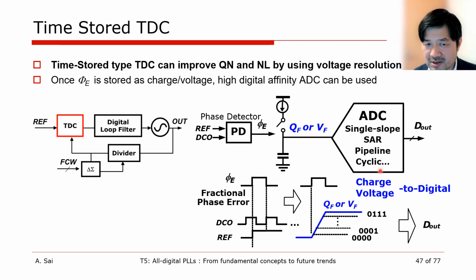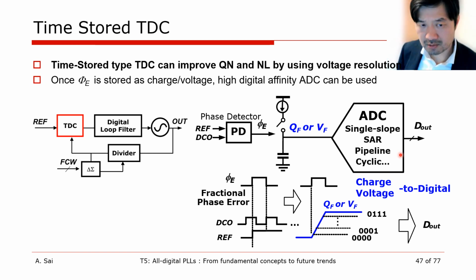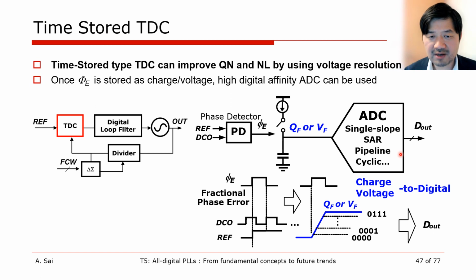If there is no noise, the time resolution of the time-stored TDC is mainly limited by the ADC LSB voltage. So, time-stored TDC is an effective approach for improving the quantization noise and the non-linearity of the TDC.